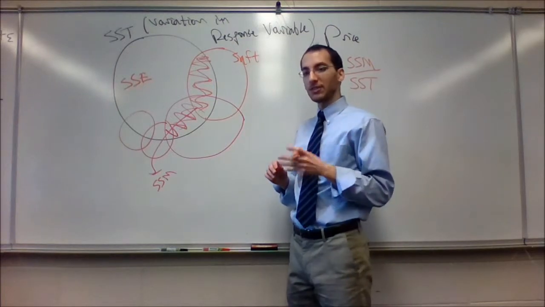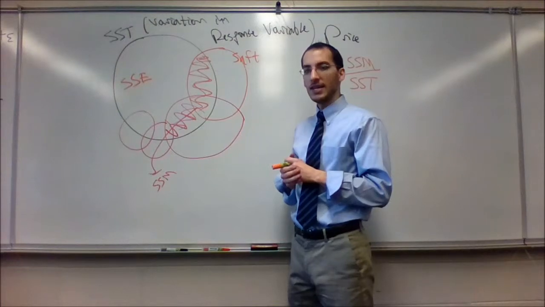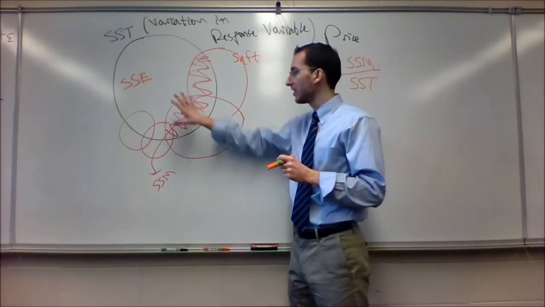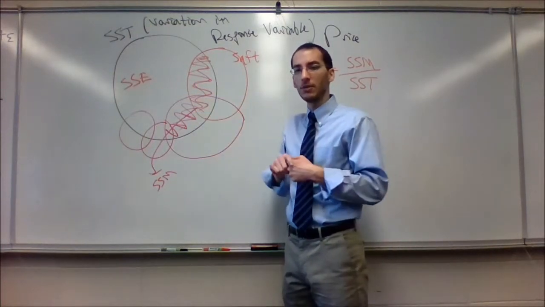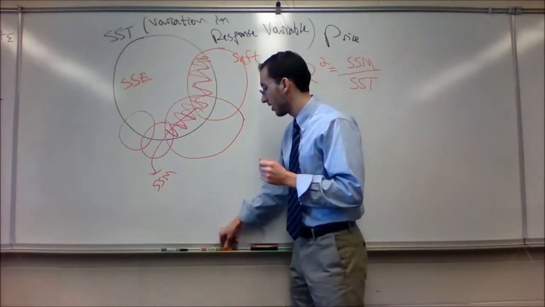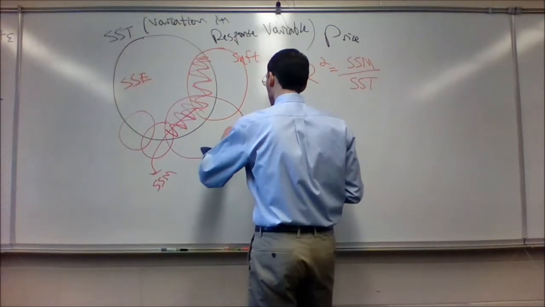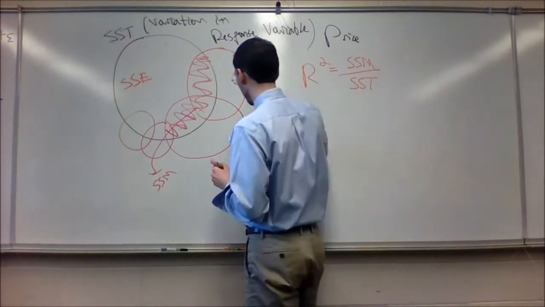There's one other interesting thing that you may have noticed, is that in addition to the new explanatory variable taking out and explaining more of my response variable, and why don't I label this thing as age? That's not clear.